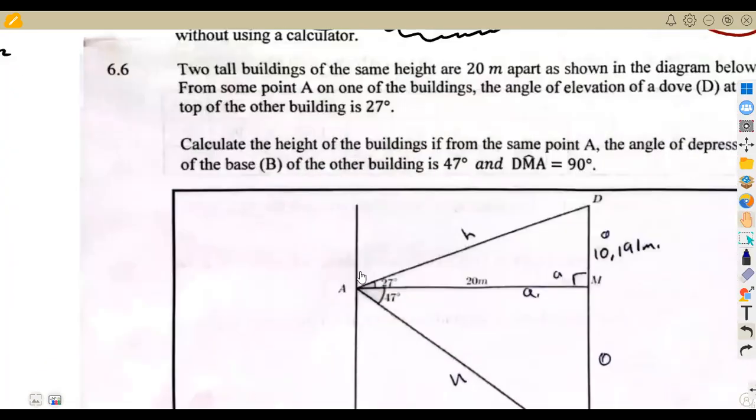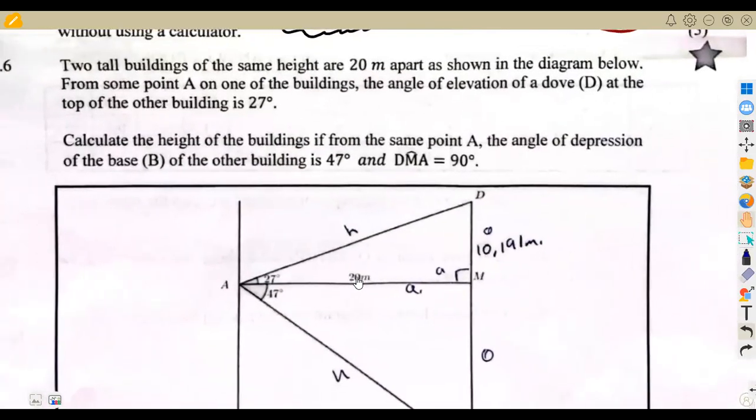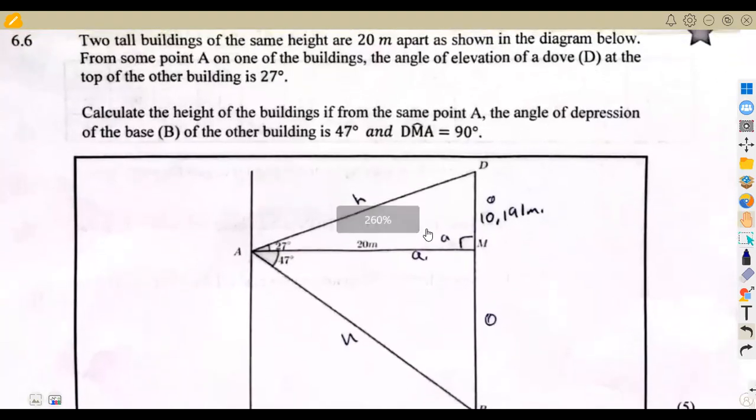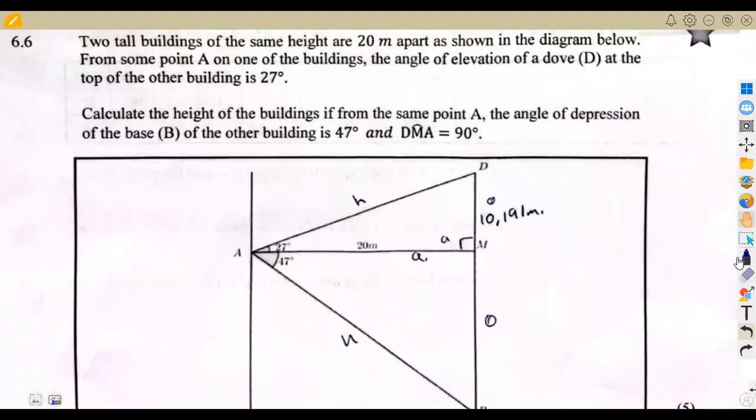All right, 6.6, we have got two tall buildings of the same height that are 20 meters apart, as shown in the diagram below.